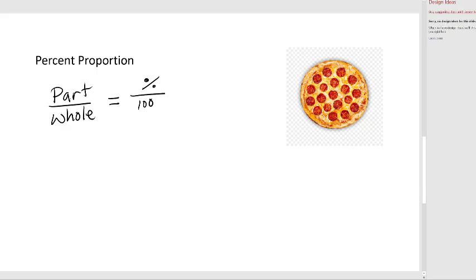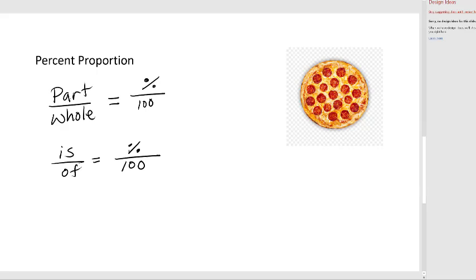Now in some questions you'll have words that use part and whole. In some questions you might have the words is, of, and we'll show examples of both. But again, a certain part of, or this is a percentage of, depending on the wording of the problem, what you'll see is that you always have this ratio.